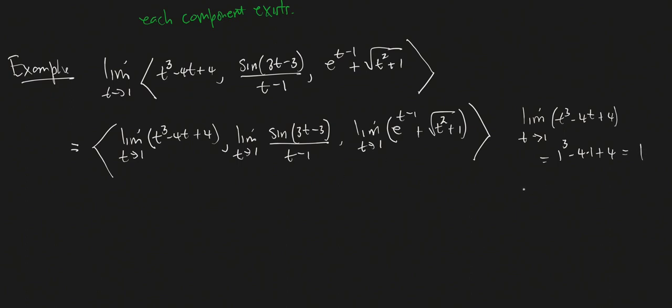Let's look at the second component. So we have the limit as t approaches 1 of the sine of 3t minus 3 in parentheses over t minus 1.